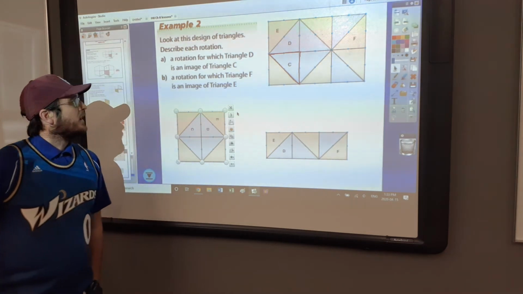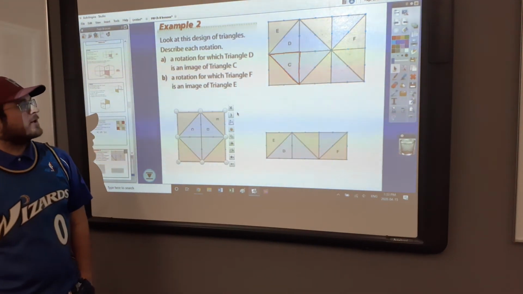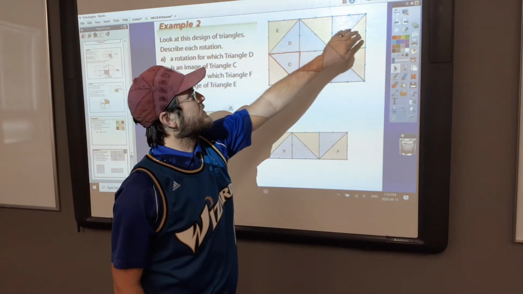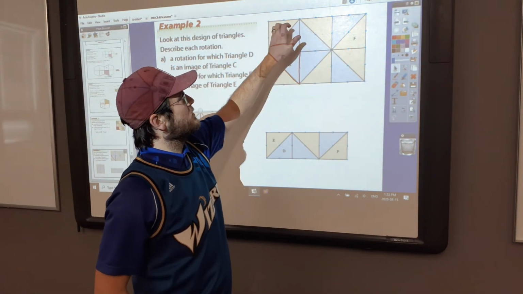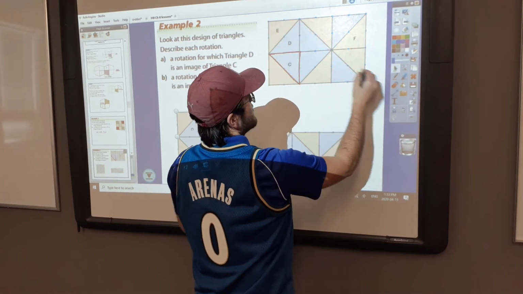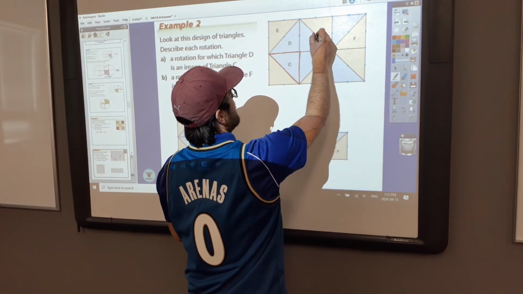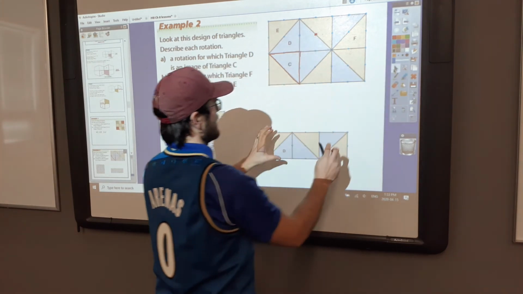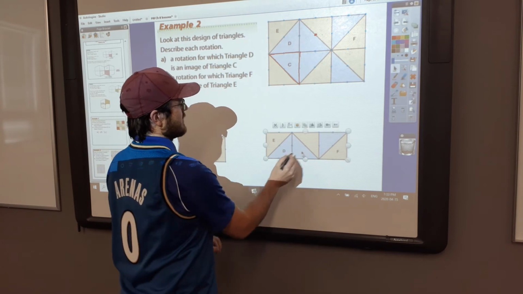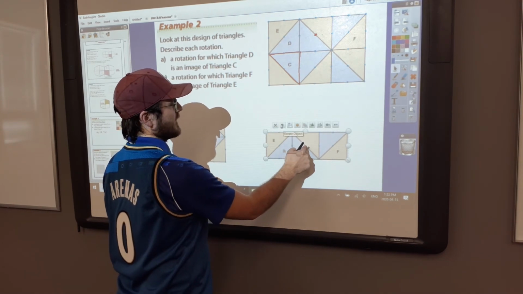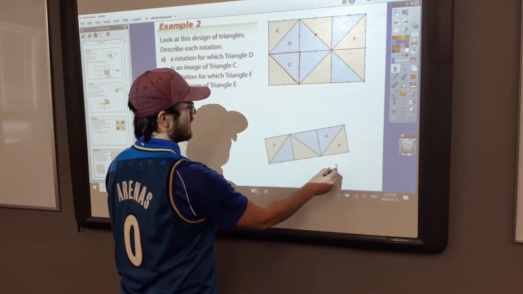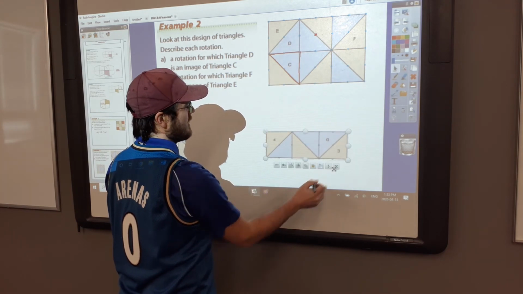Okay. B, a rotation for which triangle F is the image of E. So now we're looking at these two. A little bit trickier one because these two shapes are so far apart, but we kind of have to find where is the middle point, where's that point of rotation. So for us, we're going to be rotating along this point, and you'll notice that if I start rotating this shape, it's actually rotating around the middle of the shape. So here's 90 degrees and then 180. So you'll see that that's rotated.